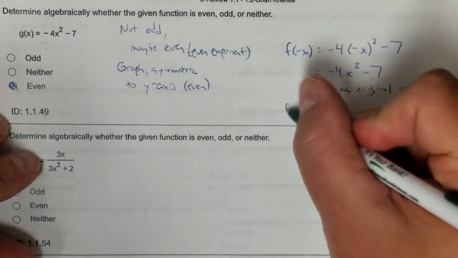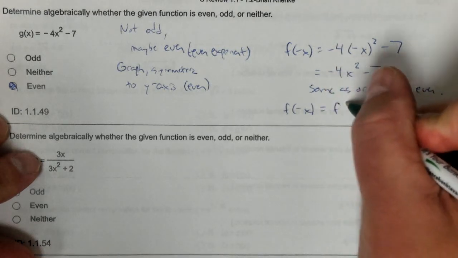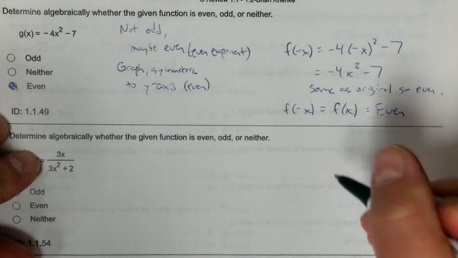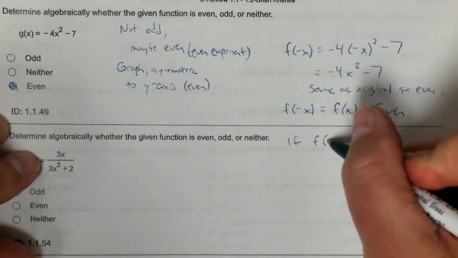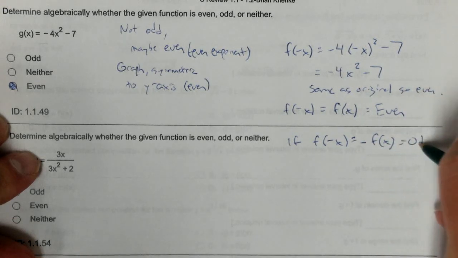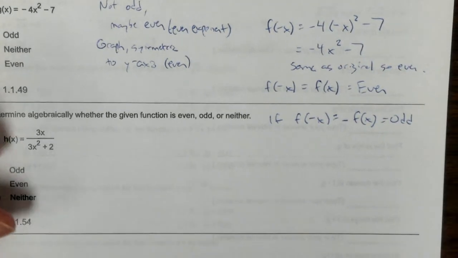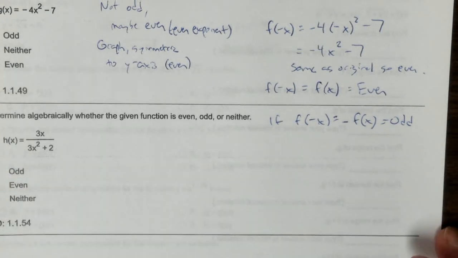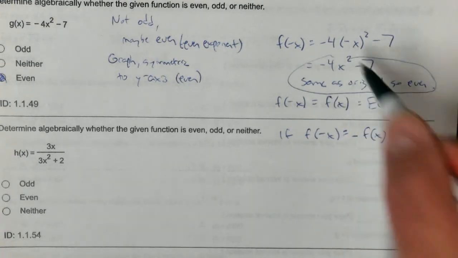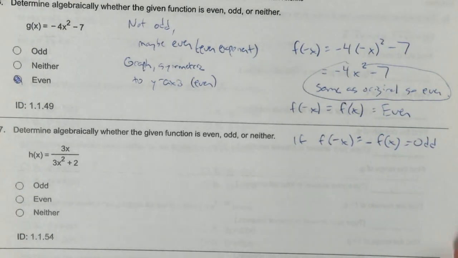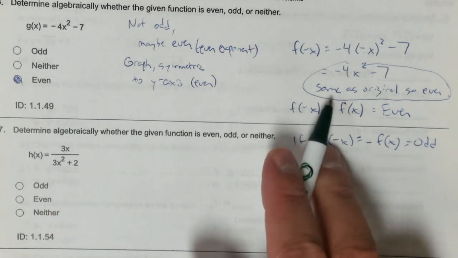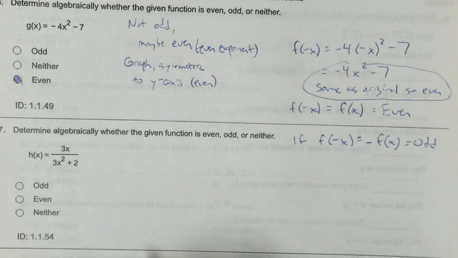So in other words, f of negative x equal f of x is even. If you had this and got negative f of x, that means odd. So in our case, we got the same as the original, and so that was even. The easiest way is to just graph it, but you can plug in a negative x.